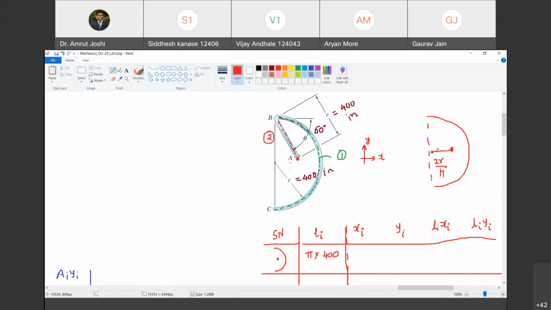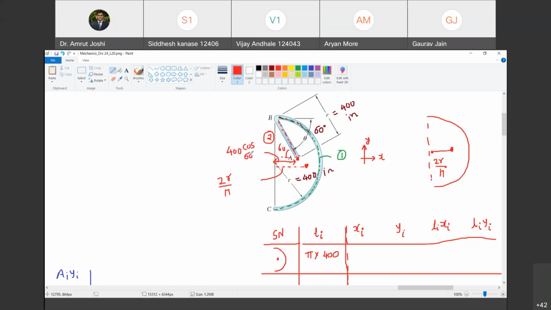We have to write it from A. So therefore, pay attention here. We know that this distance is 2r by pi. Are you with me? Yes, sir. But how much is this distance? This is 400. What is this angle? 60. So what can you say about the distance of A from here? How much will this distance be? Will it be 400 cos 60? Yes, sir.